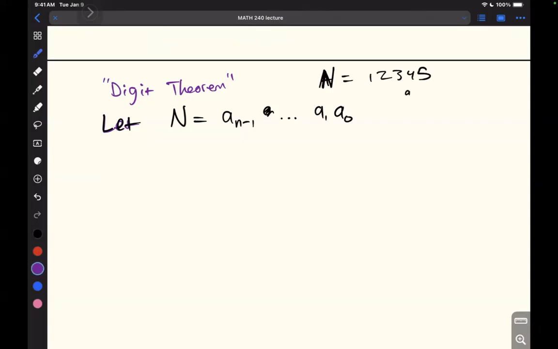I will use purple for this. A of n minus 1 is 1. A of 0 is 5. A of 1 is 4. And so you can see how we label this 0, 1, 2, 3, 4. So A of 4 is, sorry, A of 4 is 1. A of 3 is 2, and so on, right?